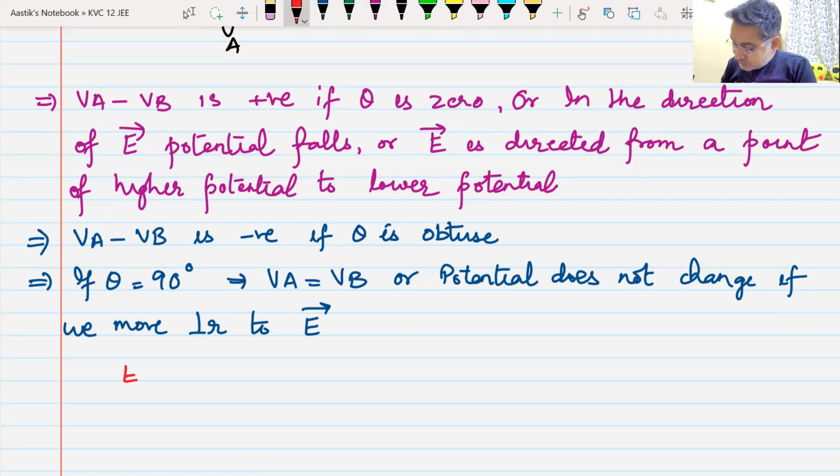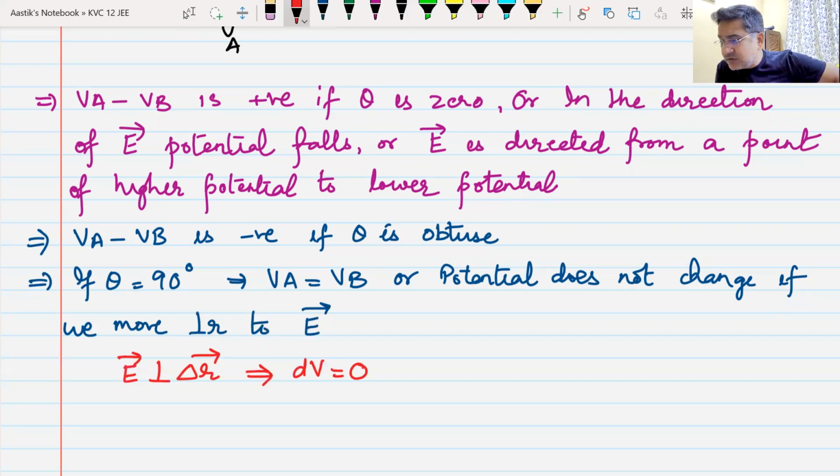That is, if E is perpendicular to your displacement, then the change in potential is 0. Potential does not change in the direction perpendicular to the electric field. Do we understand this, everyone? Yes, sir. These are the important things that you must understand.